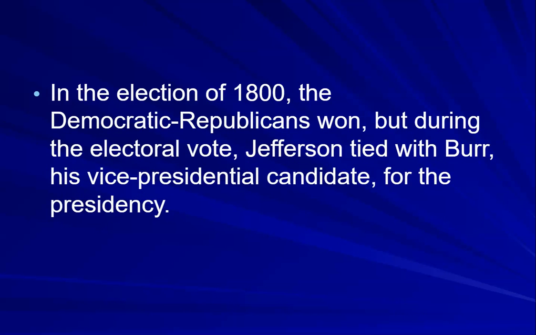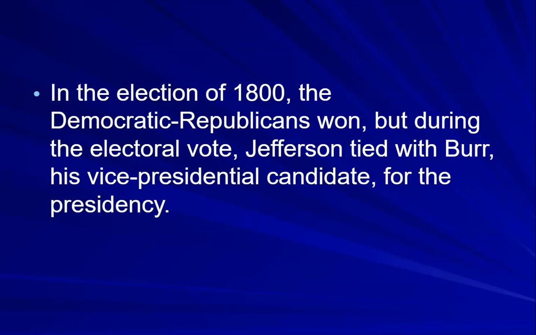So in the election of 1800, the Democratic Republicans won. But during the electoral vote, Jefferson tied with Burr, his vice presidential candidate, for the presidency, because the Democratic Republicans each cast the exact same number of ballots. They cast 2, and they wanted to make sure that their guys became president and vice president. So, if you were one of the electors, you'd say, well, I want Jefferson to be the president, Burr to be the vice president.